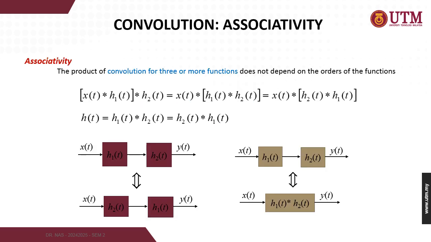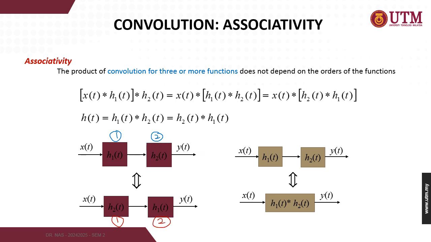For the second property, associativity, when you have an input convolved first with h1 and then again with h2, it is equal to having the input signal convolved with h2 first and then with h1.